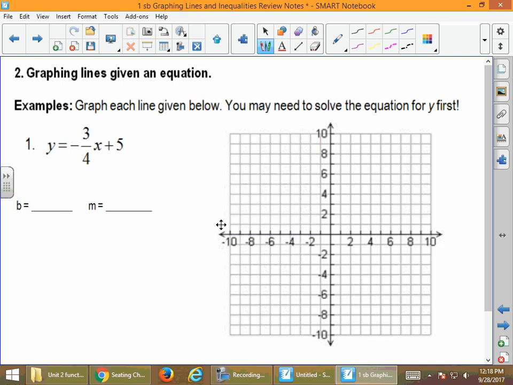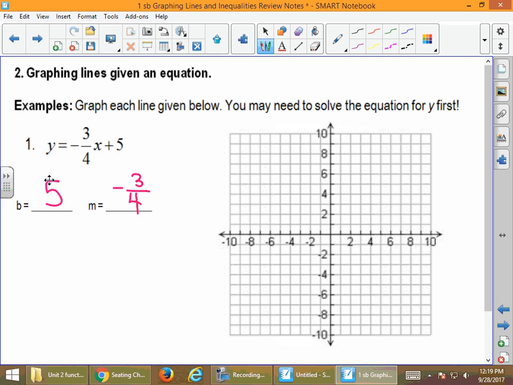As we identify, what's the y-intercept in this graph? Hopefully at least you're thinking 5, which means that the negative 3/4, the other numerical value in this, is going to be our slope.